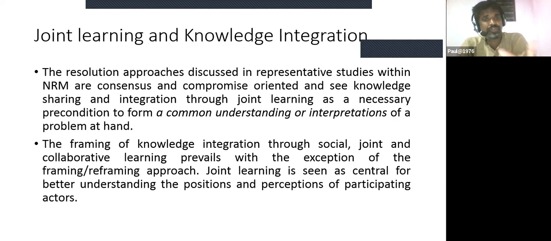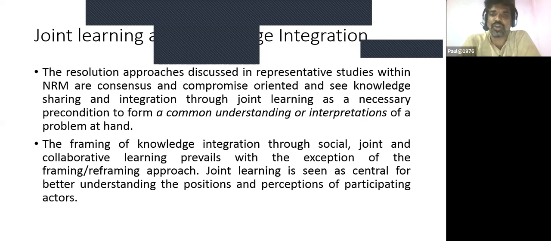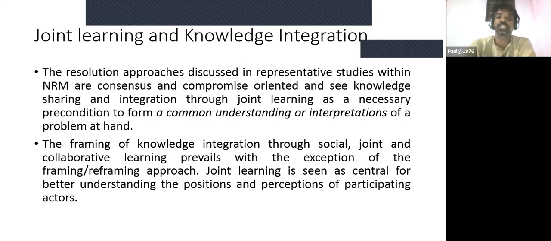The framing of knowledge integration through social, joint, and collaborative learning prevails with the exception of reframing approach. So joint learning is seen as central for better understanding the positions and perceptions of participating actors.